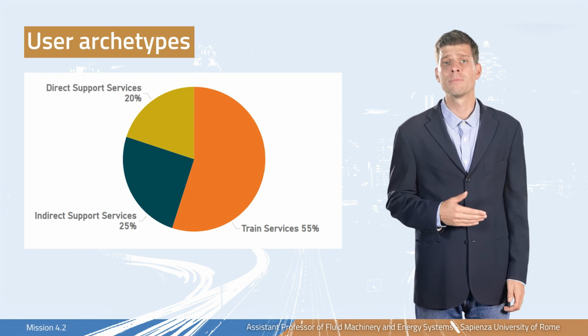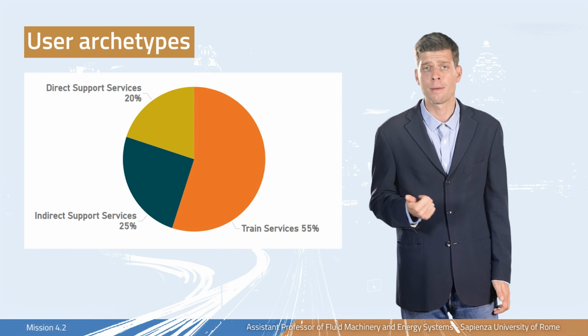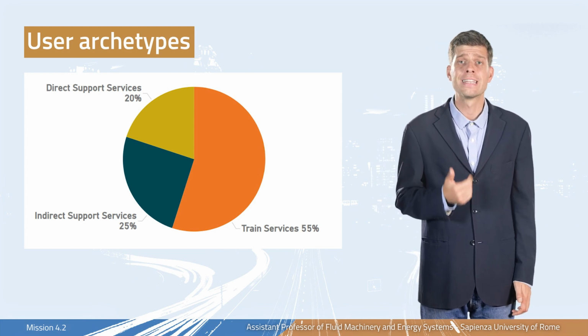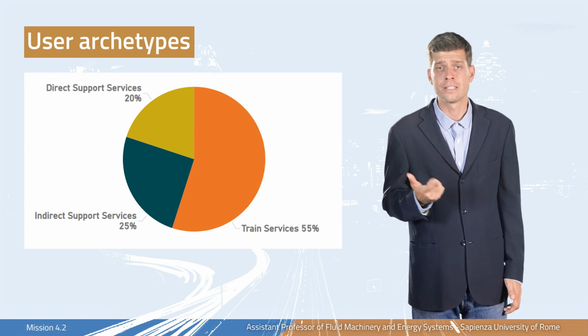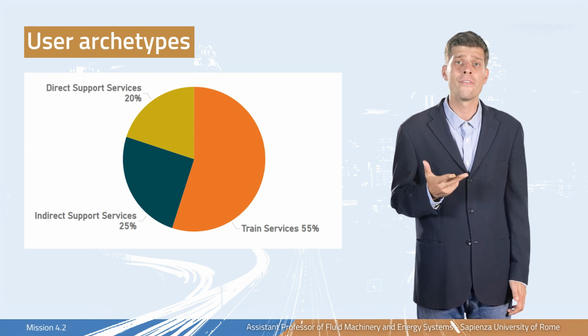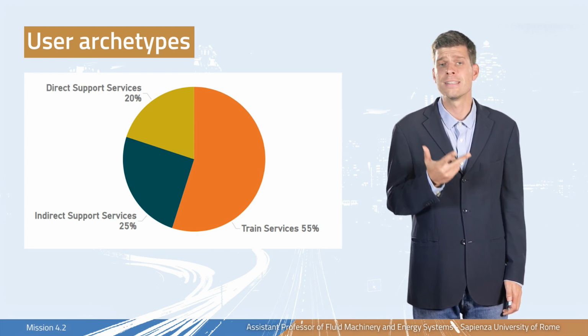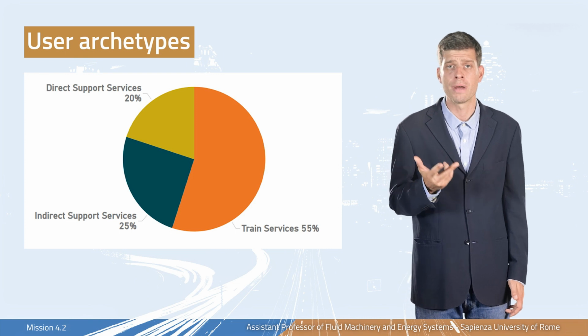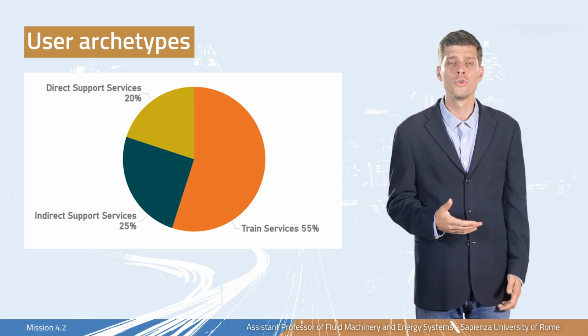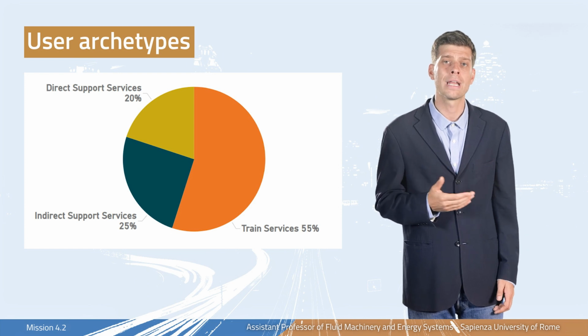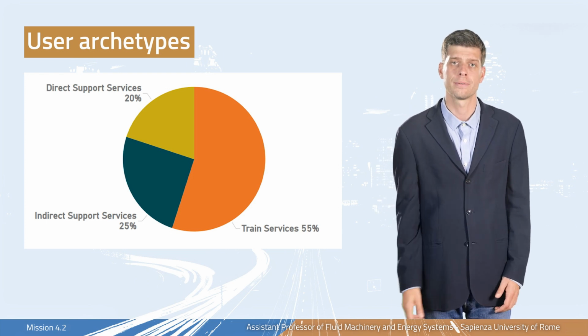We can distinguish between functions related to train services, for example the traffic regulation, direct support services, ticket offices and security, and indirect support services, for example the catering and commercial activities. The pie chart shows the distribution of the area occupied by each of the services.